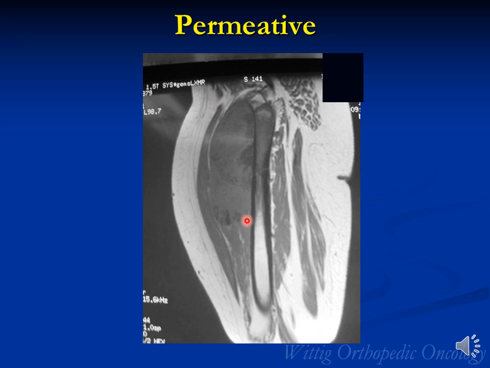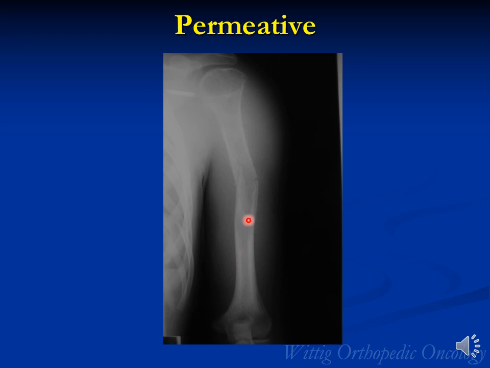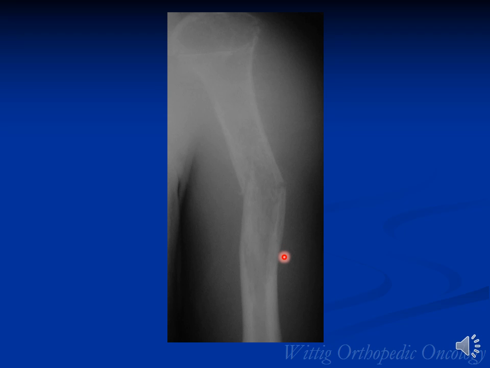Here's an MRI showing you the same tumor. There's a permeative lesion in the humerus, which has resulted in a pathological fracture. The lesion blends imperceptibly with the bone, both proximal and distal to the area of the fracture. It's difficult to tell where this lesion begins and ends.